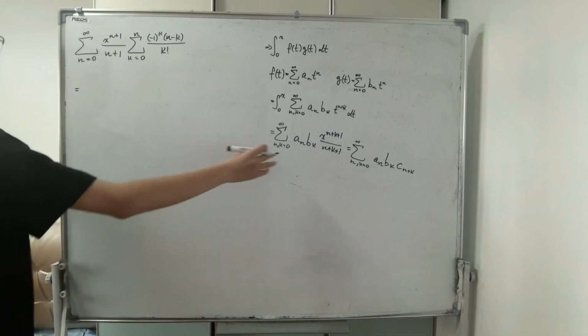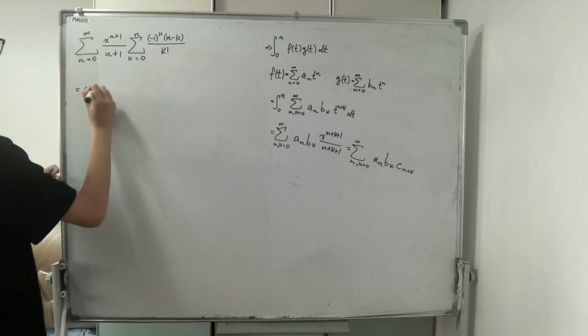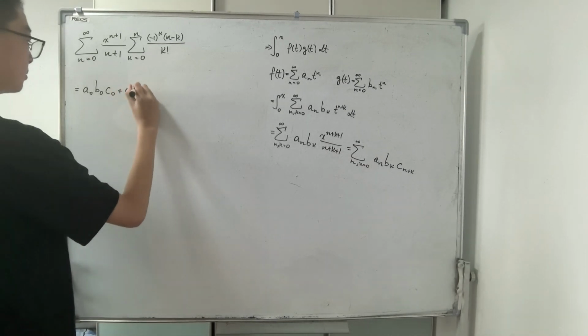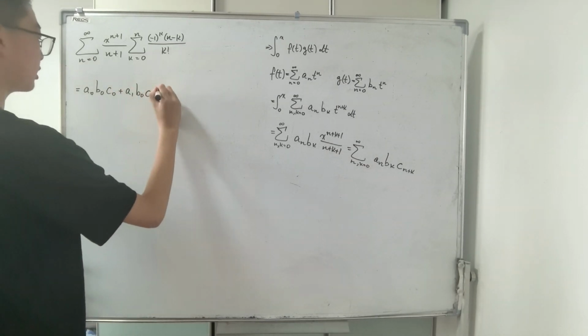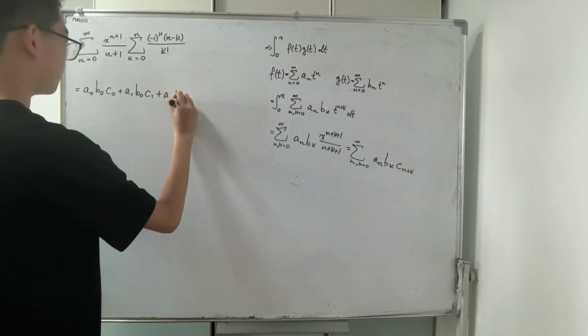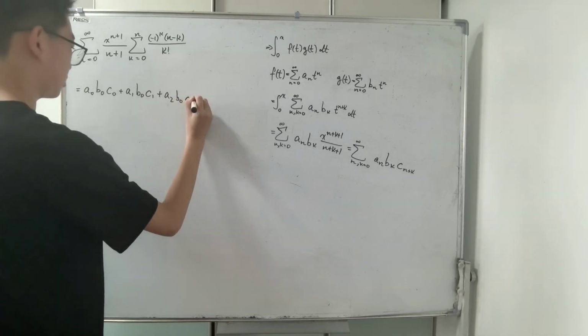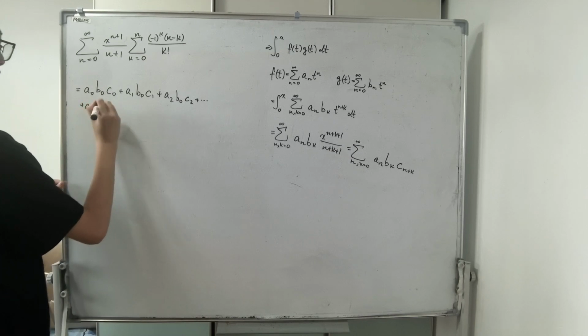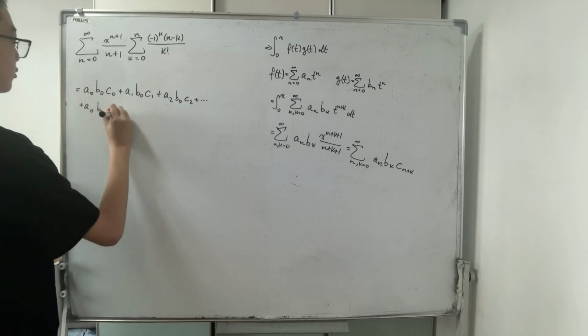I'm going to write out the sum that is equal to a0 b0 c0, plus a1 b0 c1, plus a2 b0 c2, and then this goes on. And then this is plus a0 b1 c1.